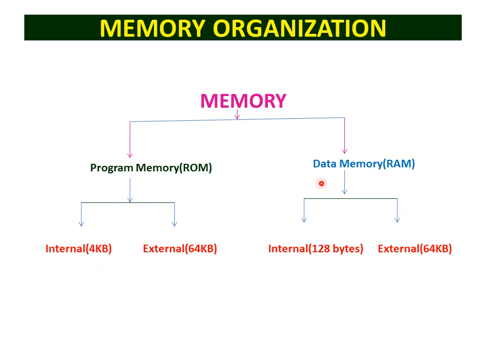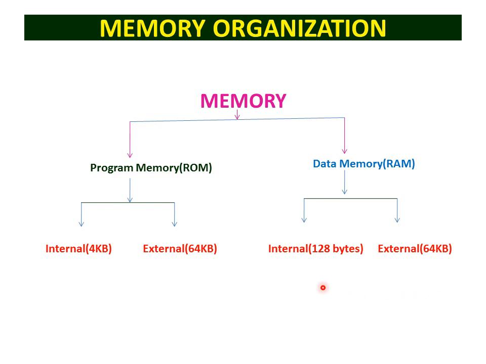Then data memory, that is RAM. It is an internal memory of 128 bytes. External is given, but this is also not there. Why is it given? Your 8051 microcontroller can access a maximum of 64 KB of memory cells, because the address bus of the 8051 is 16-bit.